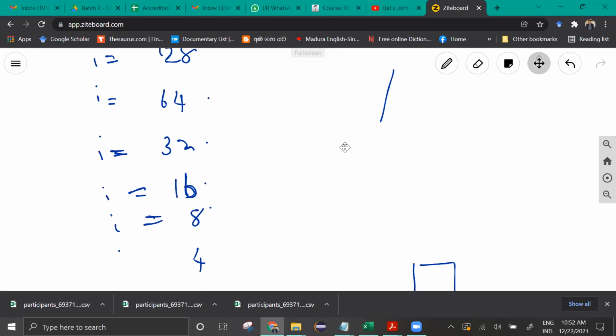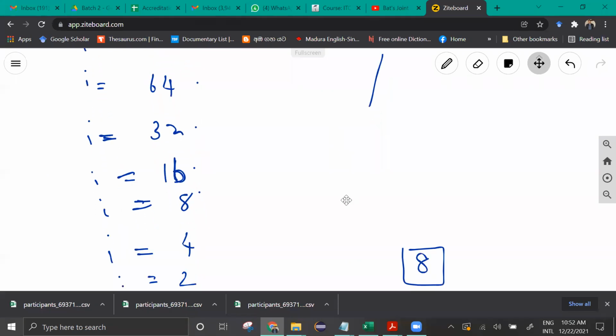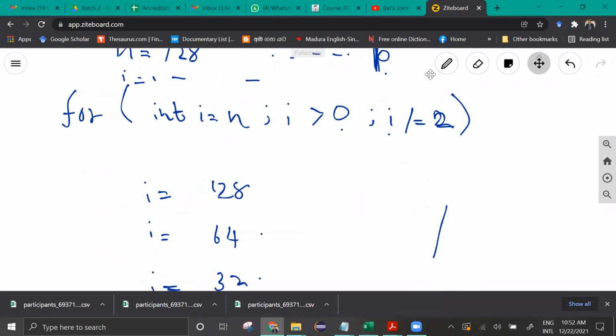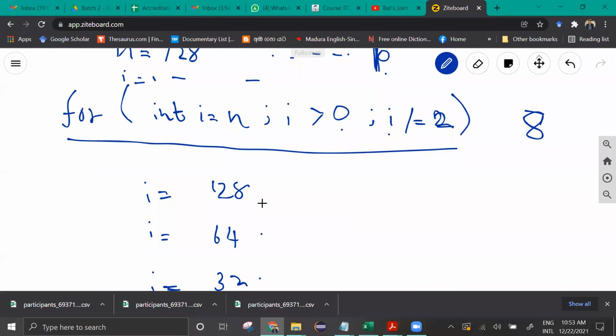So this loop would iterate a maximum of 8 times, okay? 8 times. Right? So this is a loop. If it is just a loop, it doesn't mean the time complexity is n.